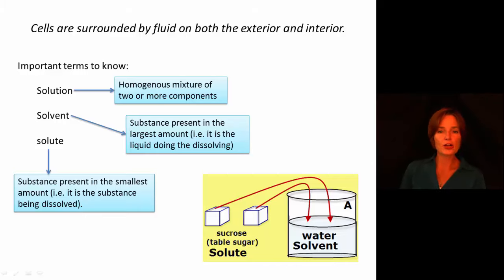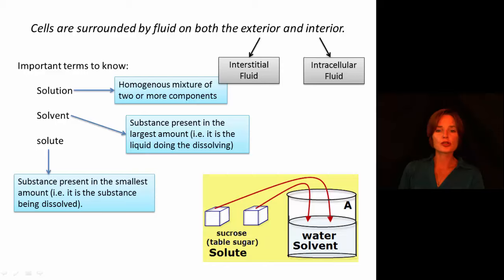And if we just compare this to, say, sugar water, if we have sugar water, the water is the solvent and the sugar is the solute because it's being dissolved inside of that water. So our cells have solutions on the outside that have water as the solvent and lots of solutes inside of them. And then on the inside, it's the same thing. We have solutions where water is the solvent and you have lots of solutes inside of that.